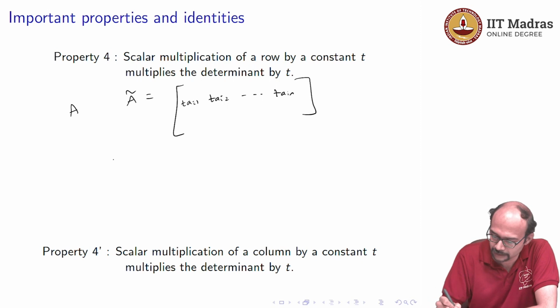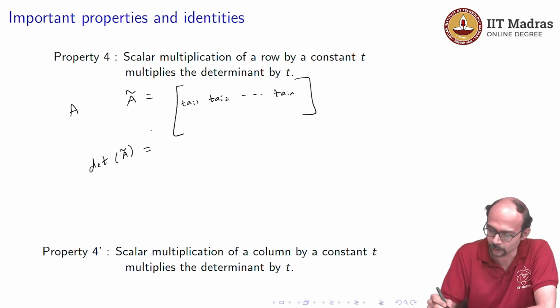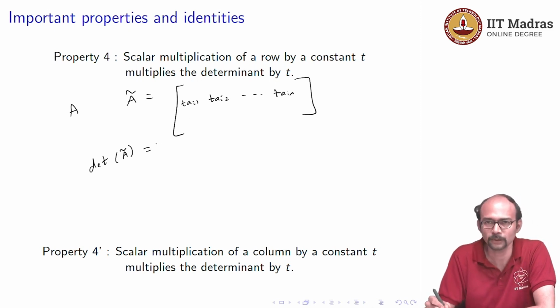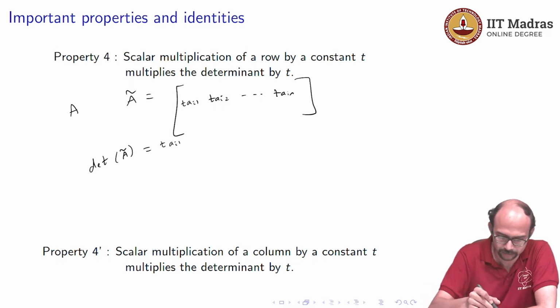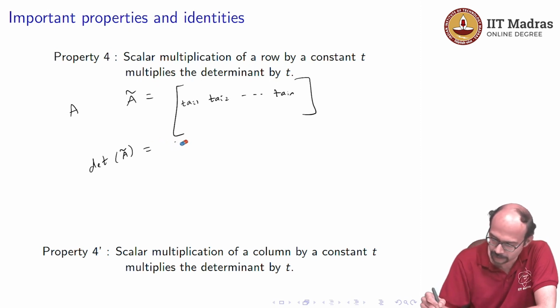Everything else is the same. So then what you do is you expand using the ith row. If you expand using the ith row, you get t times ai1. Before that, there's a sign which I should have included.